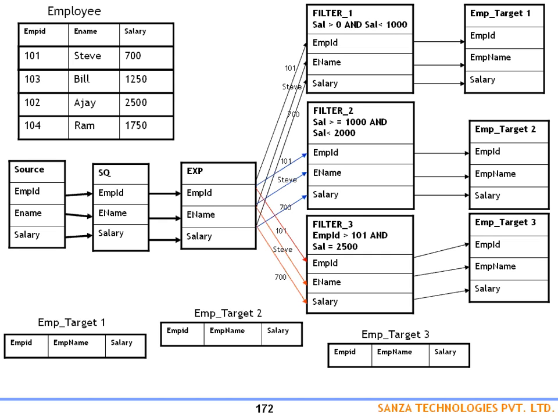Understand it: filter 1, filter 2, filter 3, it goes there. The single record goes to all the filter transformations, which check the record. Whichever satisfies the condition, that record goes out.